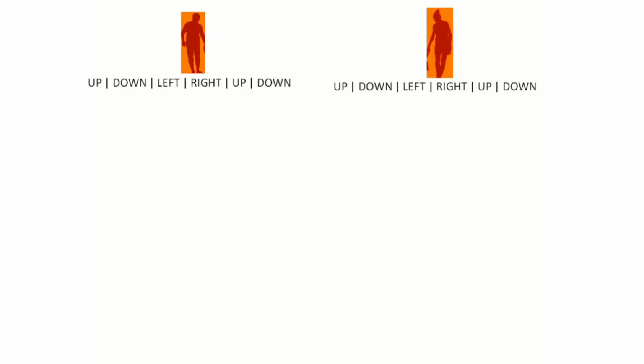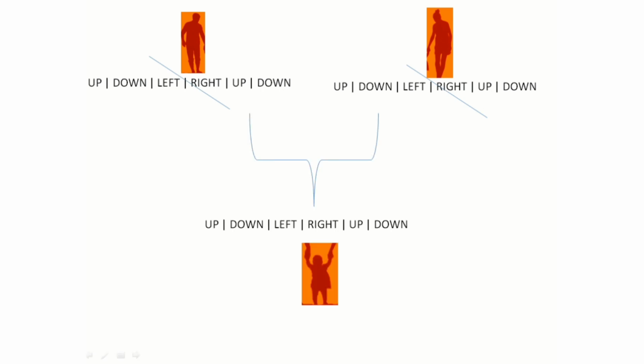But how will we mate? For this we will select two parents and cut their DNAs in half. Now to generate the baby's DNA, we will take the first half from the first parent and add it to the second half of the second parent.